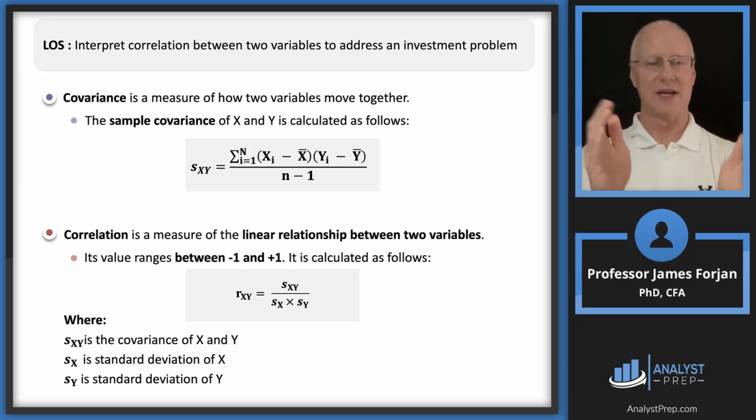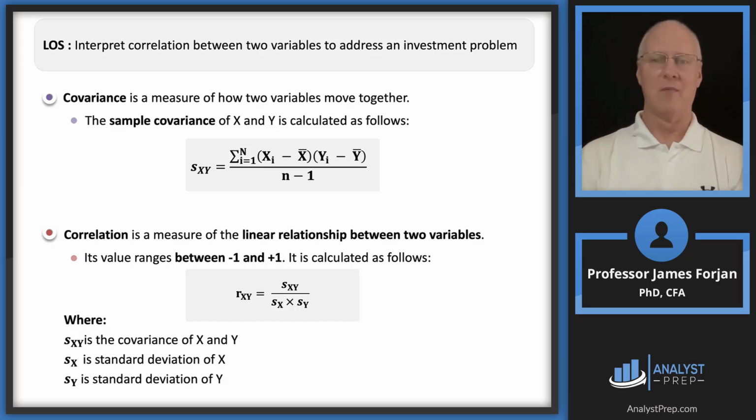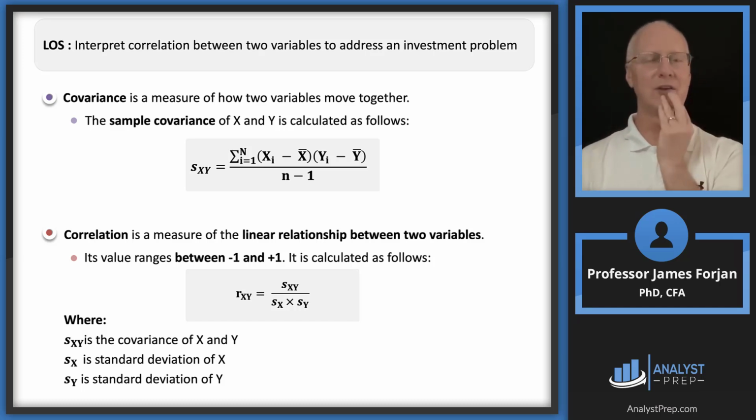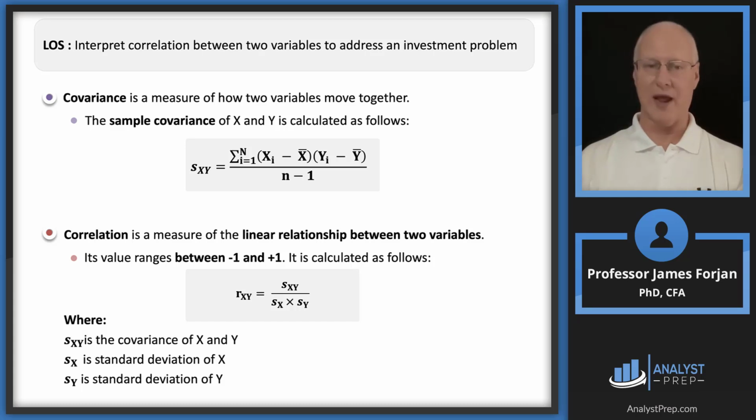So we have xi minus x bar times yi minus y bar. We divide by degrees of freedom as well. So that's the sample covariance. So the sample covariance is a measure of the strength and the direction of a relationship.